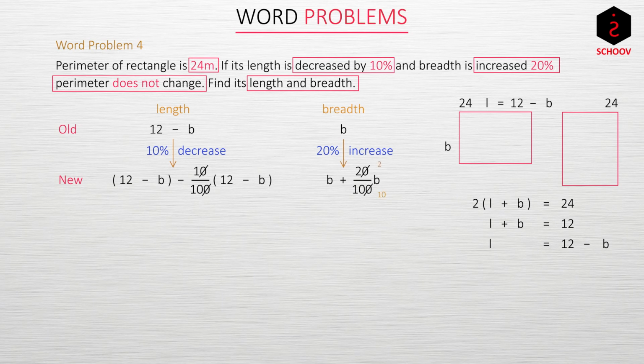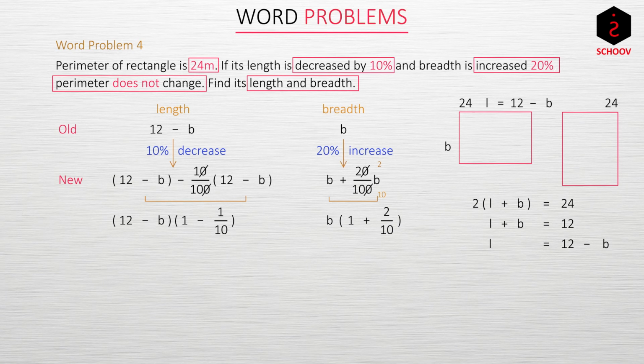Numerator is 2. In length we can take 12 minus B common, and here we can take B common. So do that. 12 minus B common into 1 minus 1 by 10. And B common, 1 plus 2 by 10.